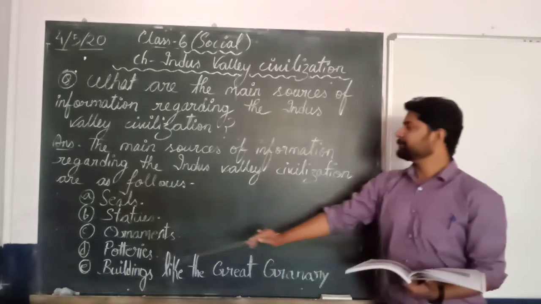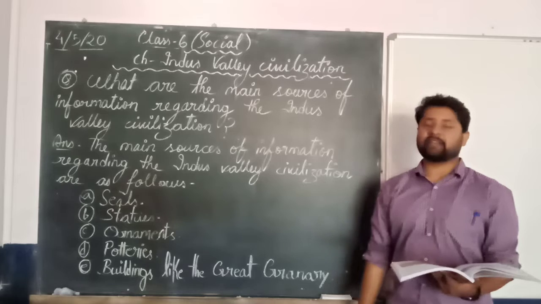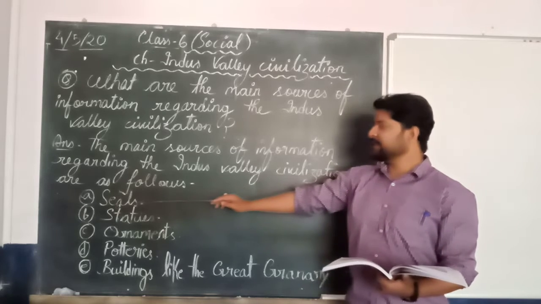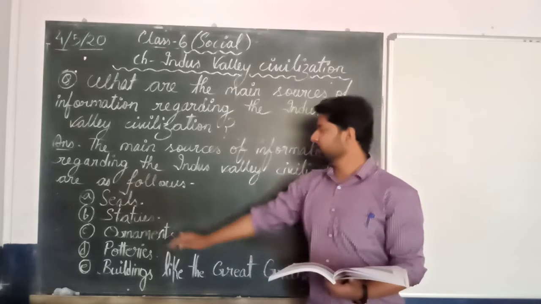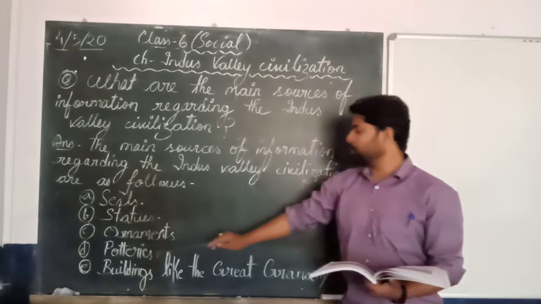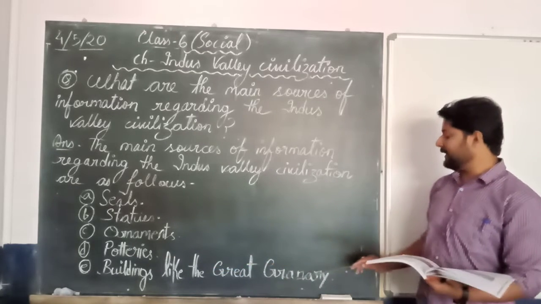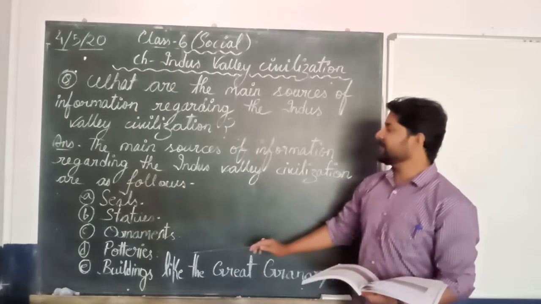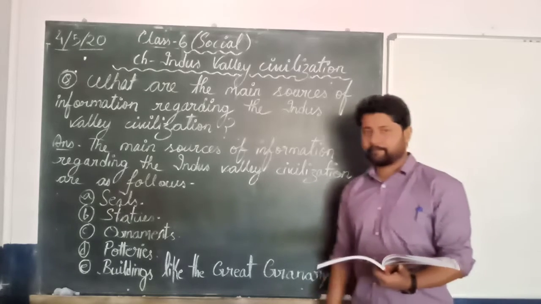The first one is seals, the second is statues, the third is ornaments, the fourth is potteries, and the fifth is buildings like the Great Granary. So these are the sources of information regarding the Indus Valley civilization.